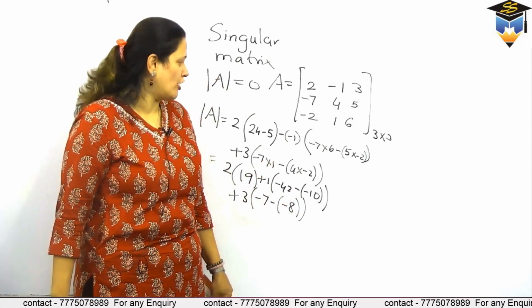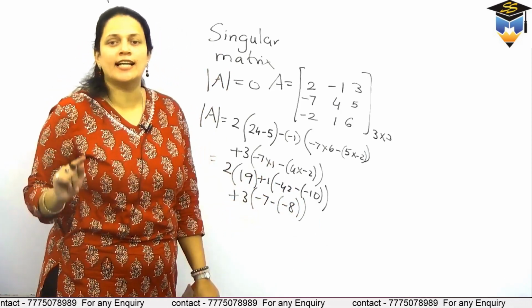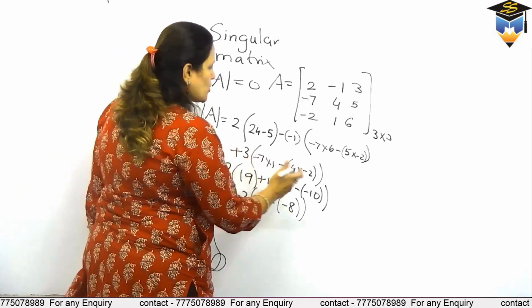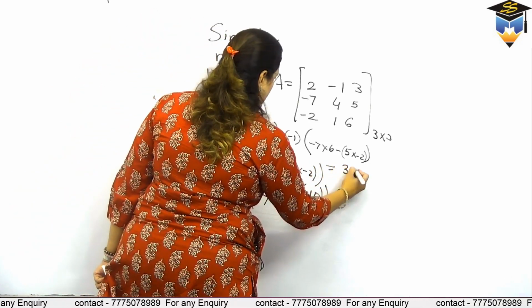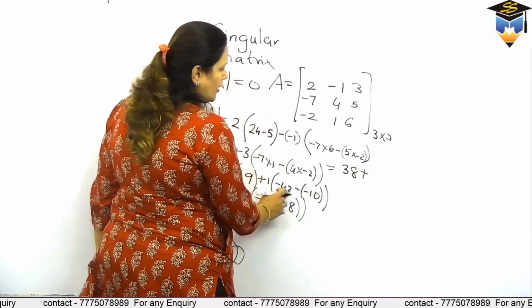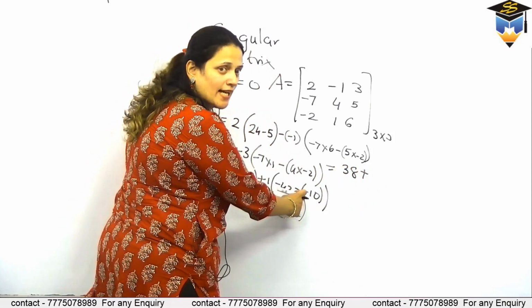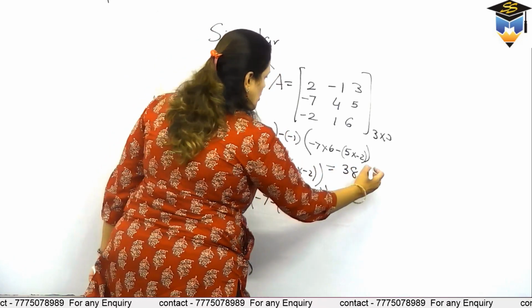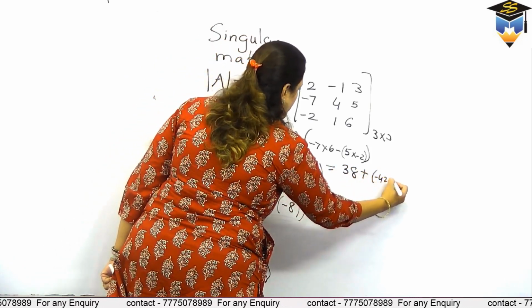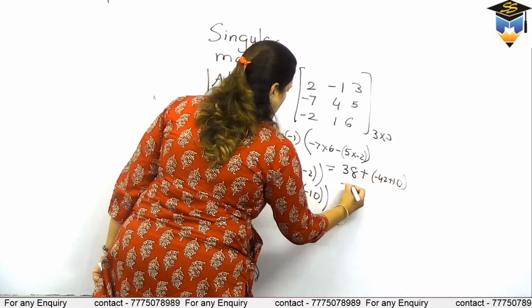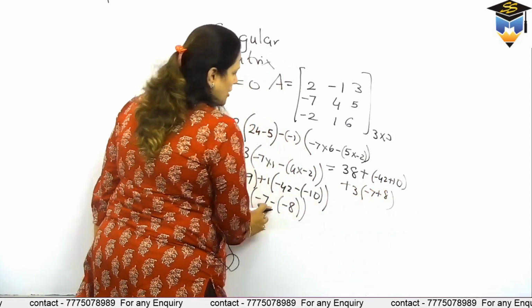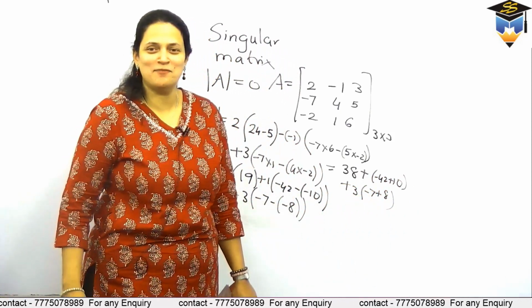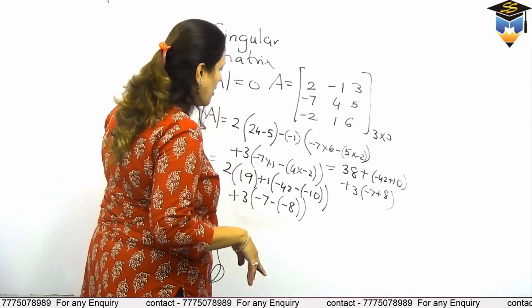Be very cautious, then you will get the correct answer. Alright, so 19 times 2 is how much? 38 plus 1 into bracket. See, minus of minus again is going to give us plus. So here it is going to be minus 42 plus 10, plus 3 into bracket minus 7 plus 8, isn't it? Because minus of minus 8 is nothing but a positive 8.